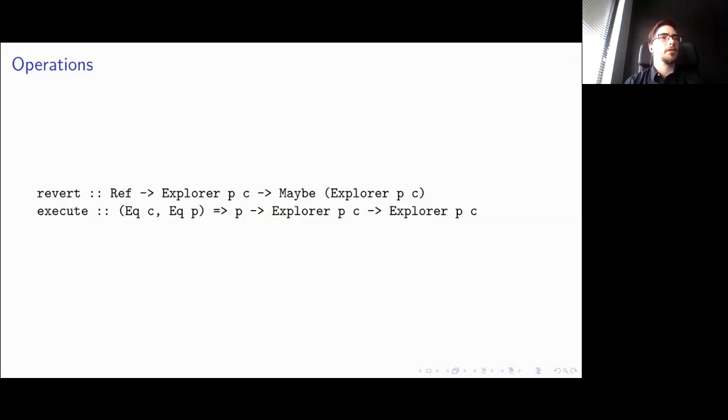The execute function takes a program and an explorer and returns a new explorer. This calls the definitional interpreter with this program and the current configuration, resulting in a new configuration. Then if sharing is disabled, it always creates a new reference and adds the new reference to the execution graph.